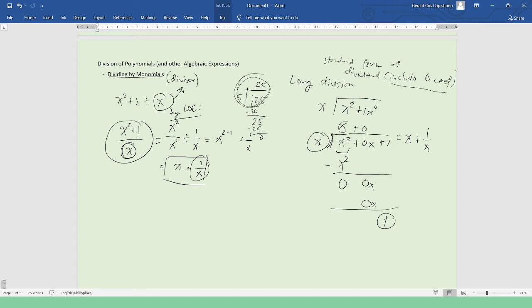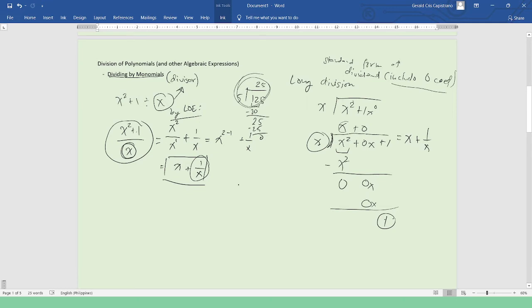So, I do suggest kapag kayo ay magdi-divide ng polynomials or you are to divide polynomials by a monomial, it is better to use this one rather than this one.